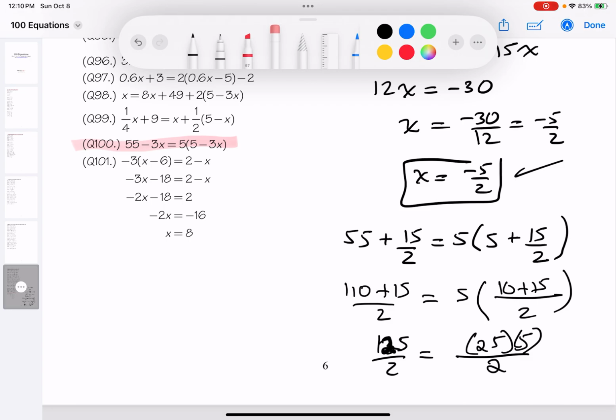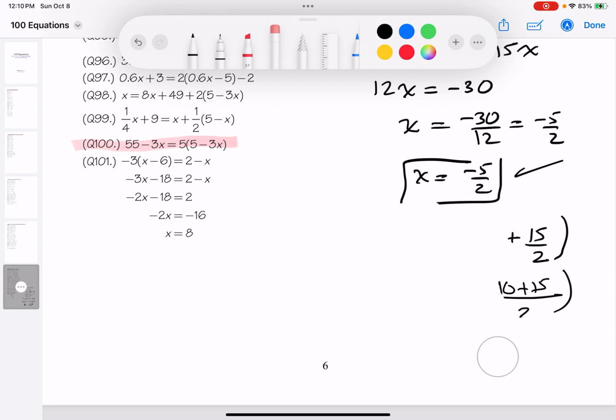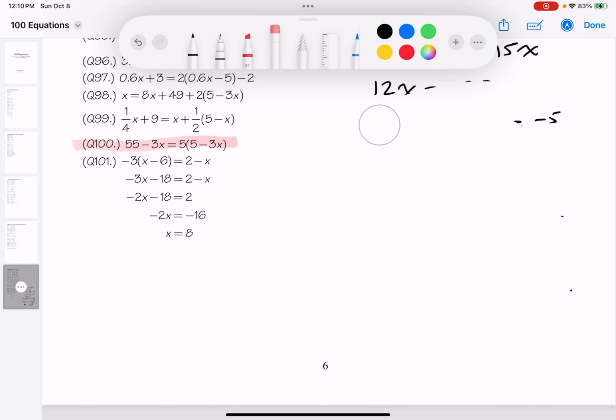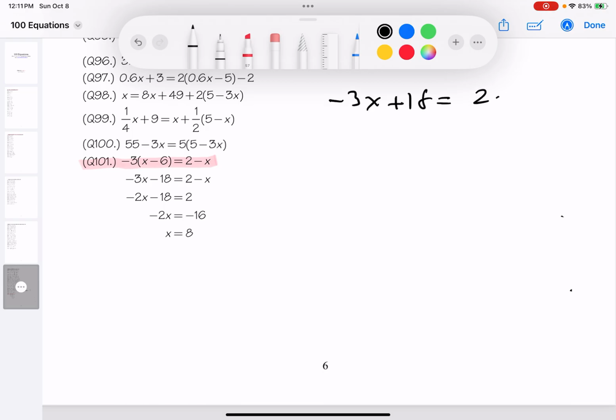I noticed the last problem, he wrote work down here. And let's just take a look. I think maybe it's more of a question than an answer. But I'm still going to try to solve it, and then I'll look at his work. So this is minus 3x plus 18 equals 2 minus x.